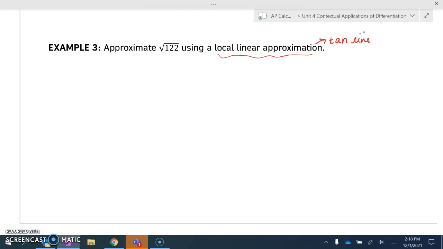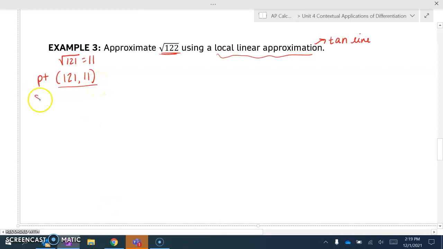So ideally, we need a point that we know or that we can easily find. So a value that we know that's close to the square root of 122, hopefully you're saying, well, I know the square root of 121 is 11, not 1, 11. So that would give us a point. If I put in 121, I got out 11, so that's an x, y. Well, so then we have a point that's near that we could use, but we need a slope.